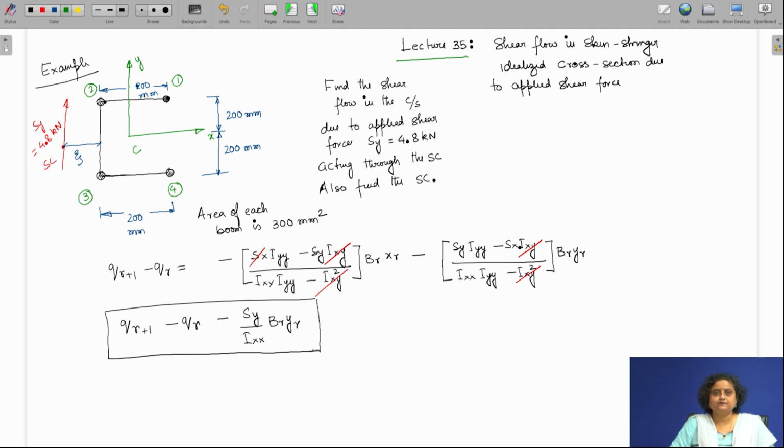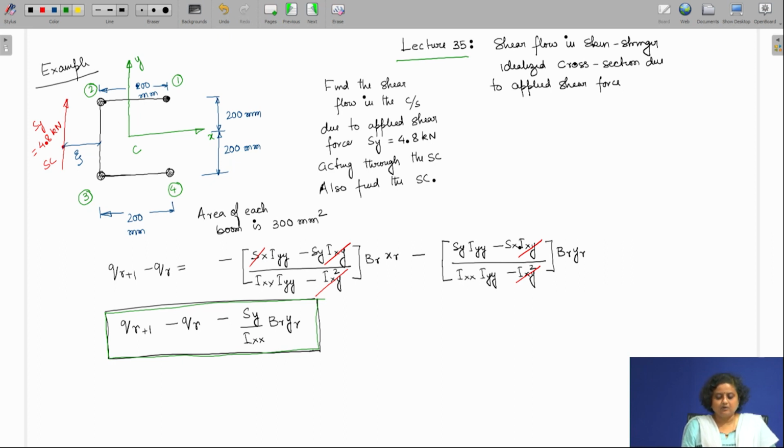Now, since the cross section is symmetric, Ixy is equal to 0, and since the shear force is applied only in y direction, Sx is equal to 0. By enforcing these conditions in the equation for shear flow, we can simplify it in this form. So, this is the simplified form of the shear flow equation for a symmetric beam where only Sy is being applied.